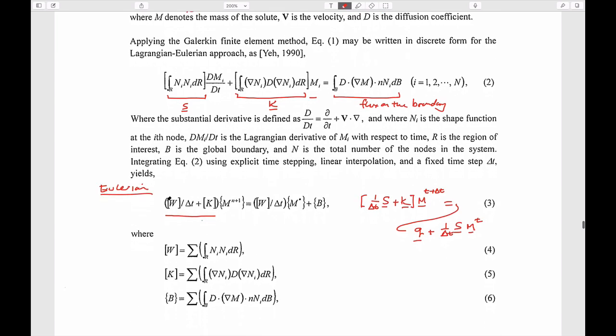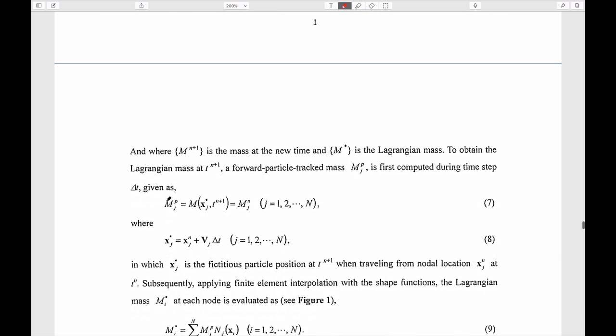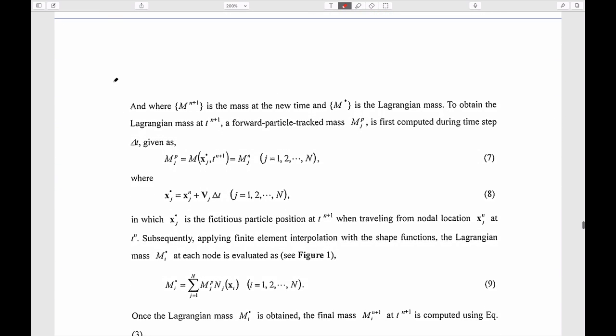So the advective part we take care of in a Lagrangian step, which is this. It's really just to calculate what the new value of the mass is as a function of its new location.